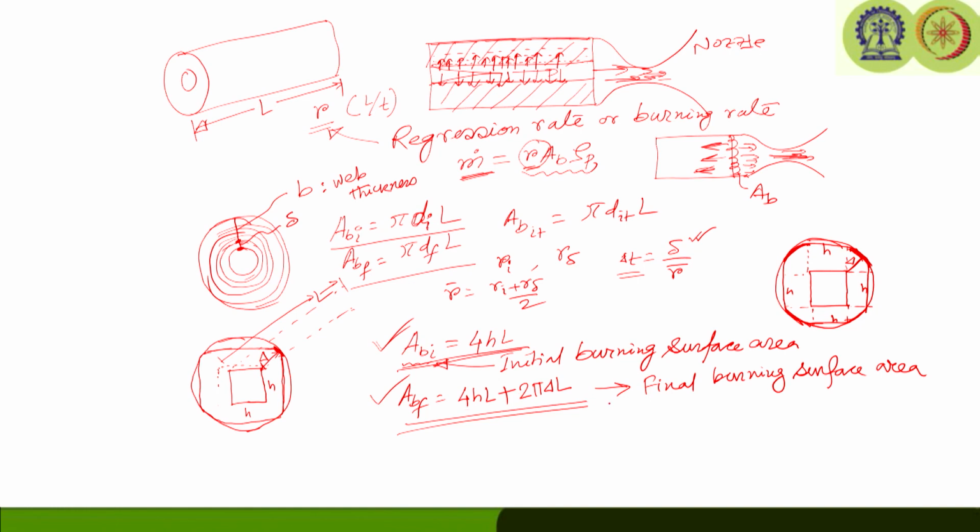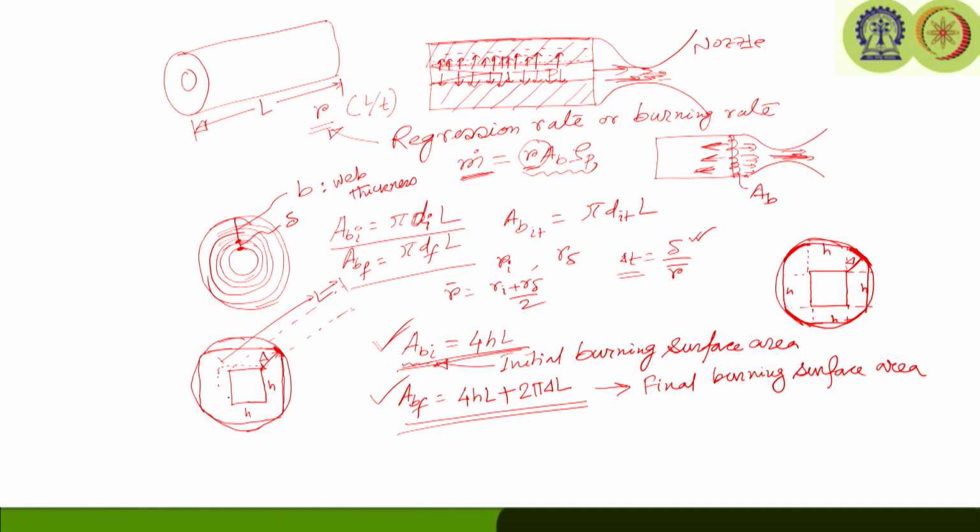We can easily find out from there. Now, there are some grain configurations which are a combination of this square shape and the cylindrical shape. So, we have to use the combined form of this based on the geometry, and we can use this evaluation of burning surfaces and actually get the final burning surface area.